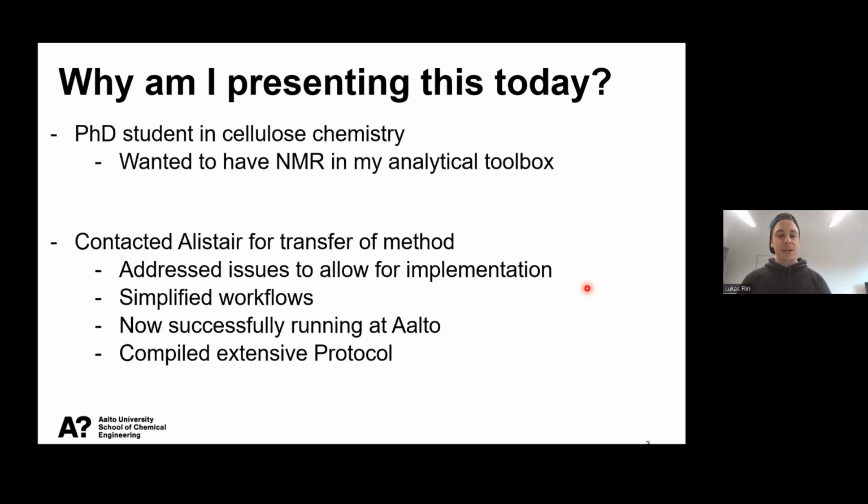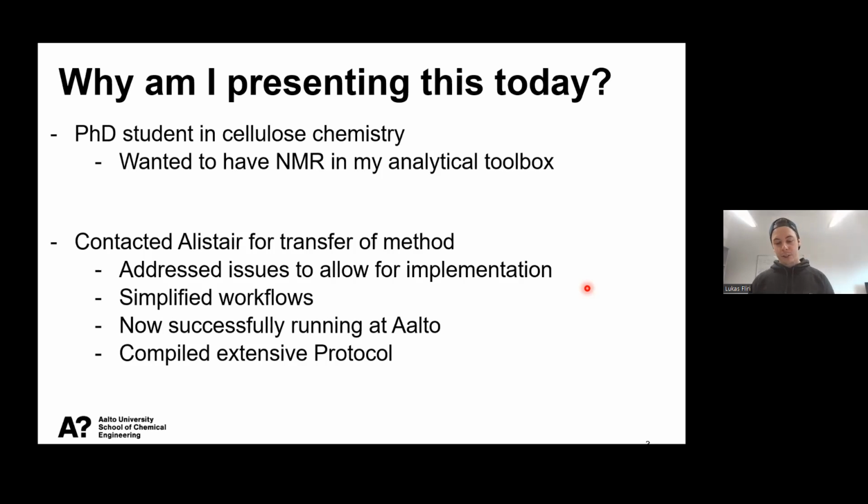And when we did this based on the manuscript that got published in 2018, we saw that there are still quite many issues that do not allow an implementation in a less specialized research environment. And so we put a lot of effort in simplifying the workflows, addressing these issues. And now I can say it successfully works at Aalto University as well, this NMR method.